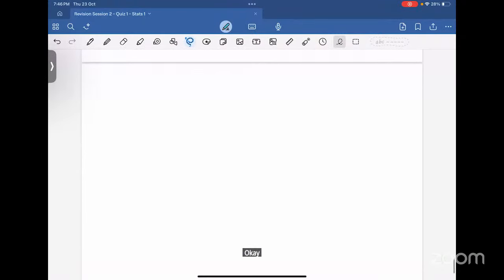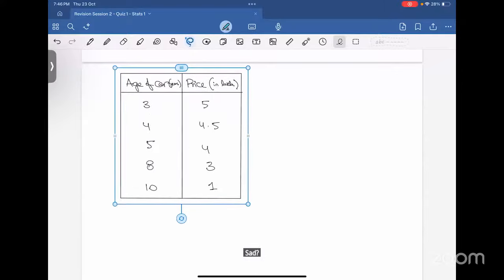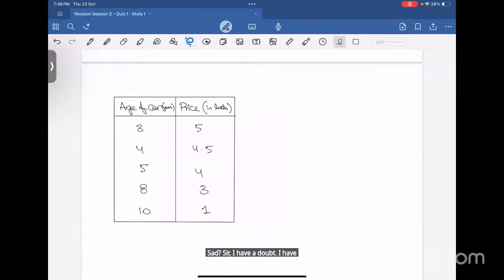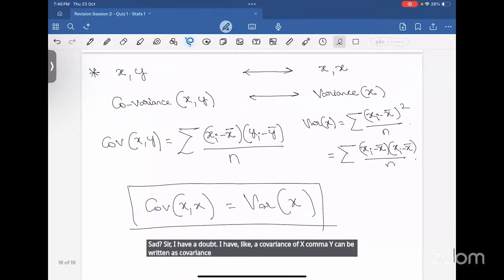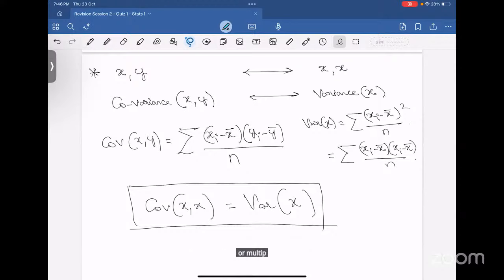Sir, I have a doubt. Can covariance of x comma y be written as covariance of x plus covariance of y, or multiply? No. What do you mean by co? It is like combined variance.